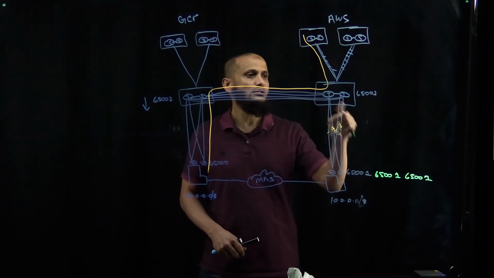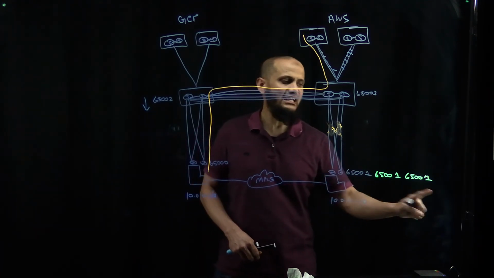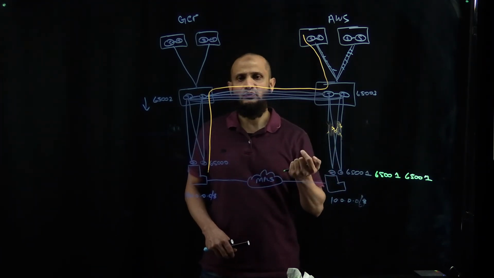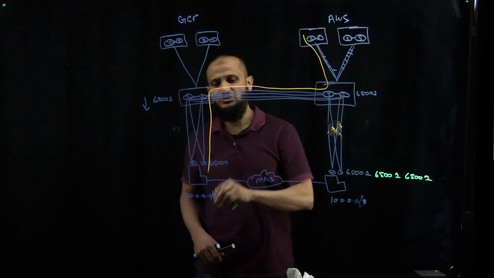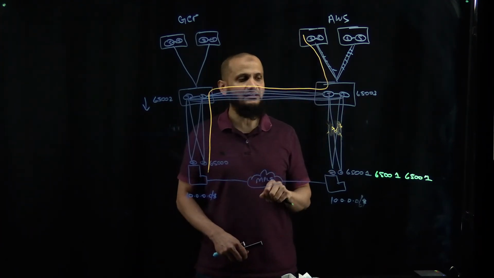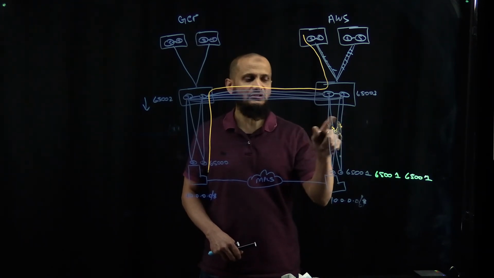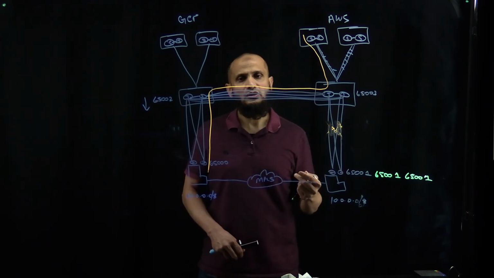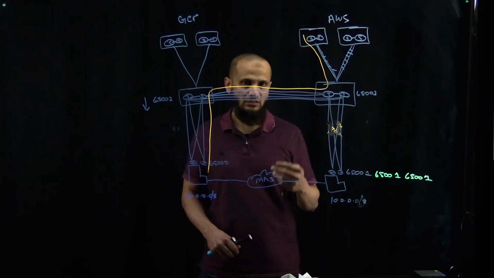Why? Because the transit is going to receive 10/8 via AS path length of 3, while it's receiving 10/8 with the AS path length of 2 from its peer transit. So 65,002 and 65,000, only 2. So this path would still be a valid path in this scenario, even though there is no degradation of service, there is no disconnectivity or anything like that. So that is how you can actually utilize the traffic engineering capabilities of the Aviatrix controller.